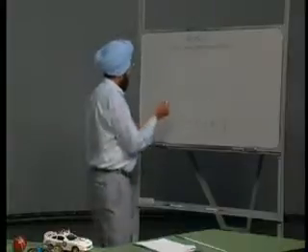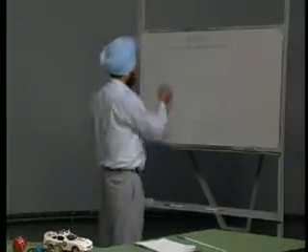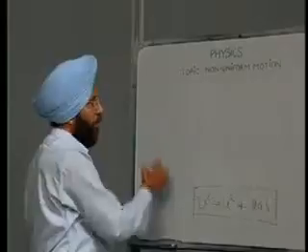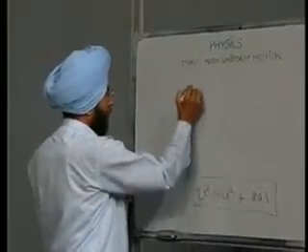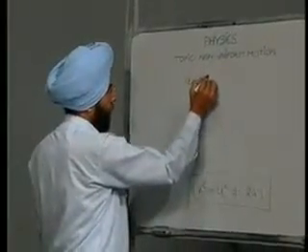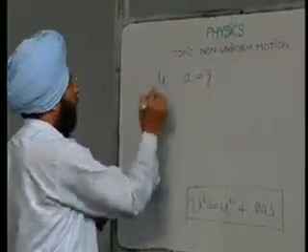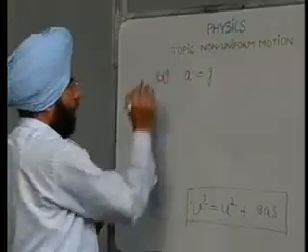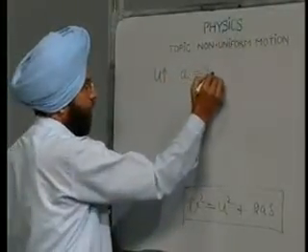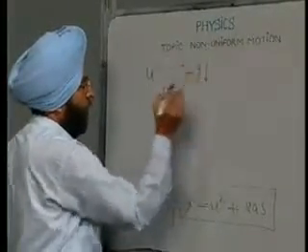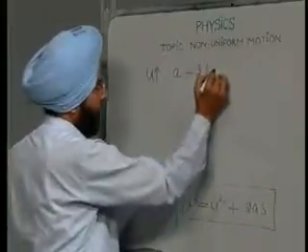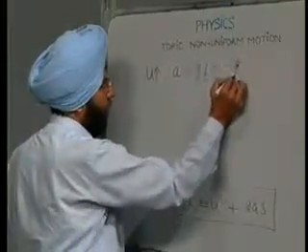For a body thrown up or down under gravity, a is equal to g. If the initial velocity u is upwards, then acceleration g, because it is always downwards, will be minus g.